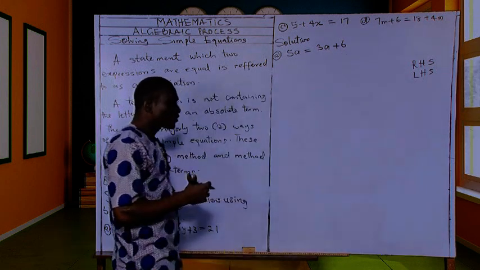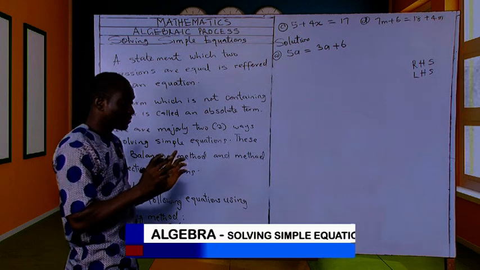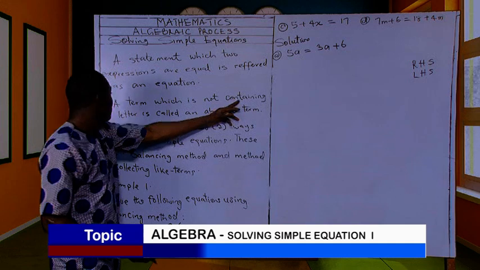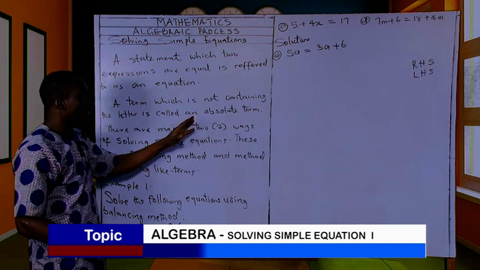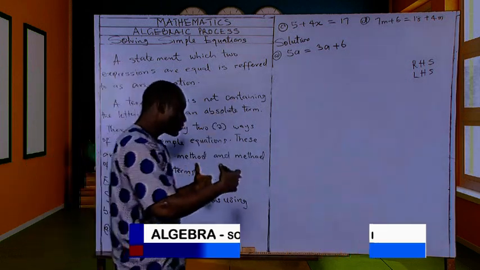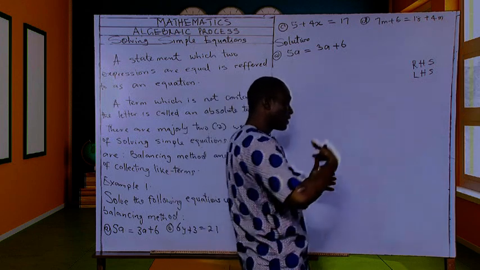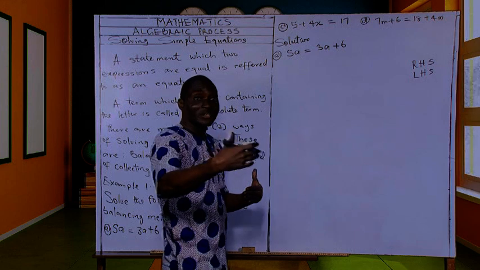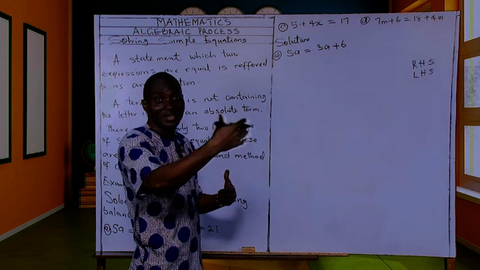Now, that's what you call an absolute term. As I said earlier, a term which is not containing the letter is called an absolute term. The absolute term is always positioned at the right hand side.